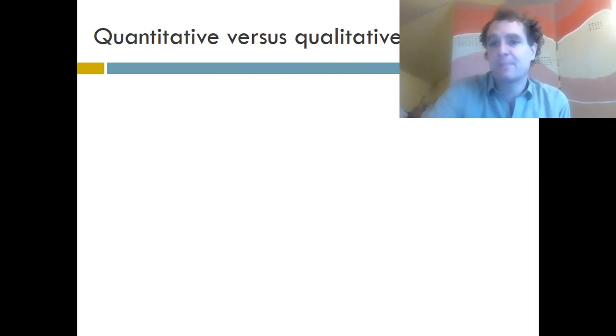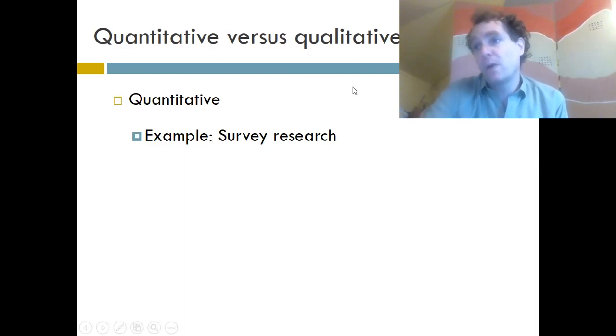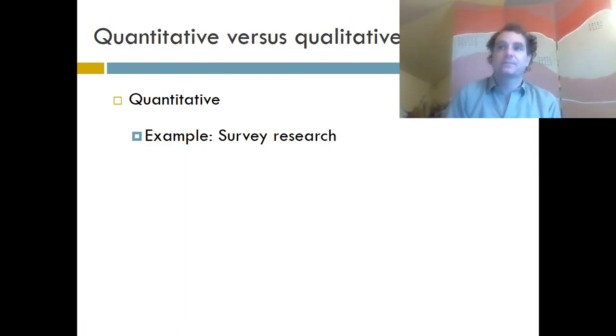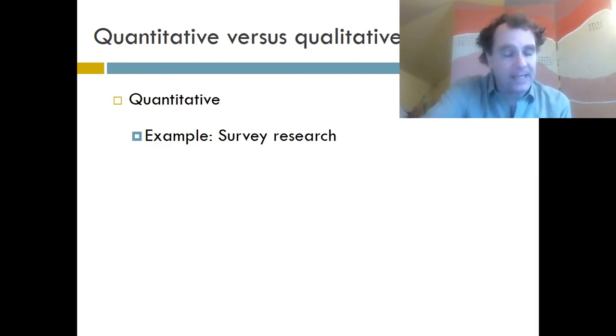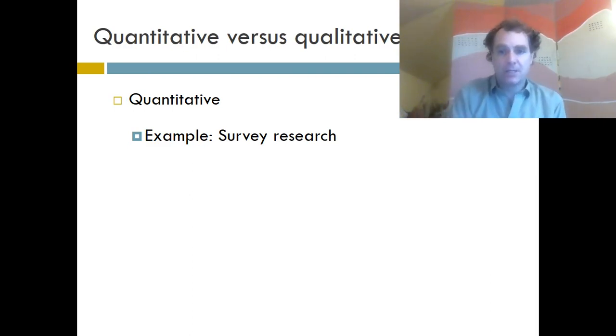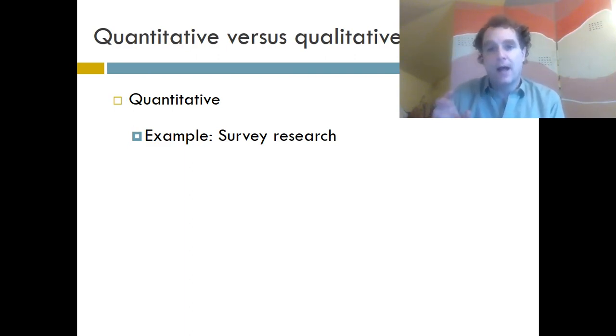Right, let's see what the basic difference is between them though. So we can start with quantitative research. Quantitative research is basically research that uses numerical data, right? It quantifies things, meaning that it turns the data, the interviews, the surveys, the content analysis, into some form of numerical data.